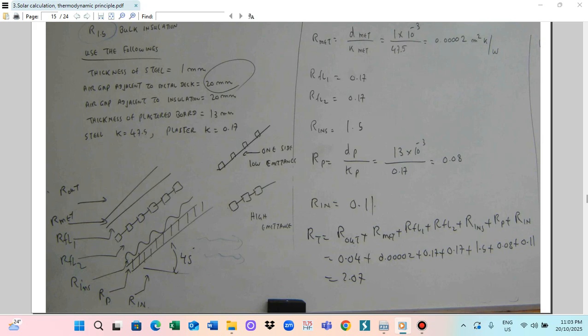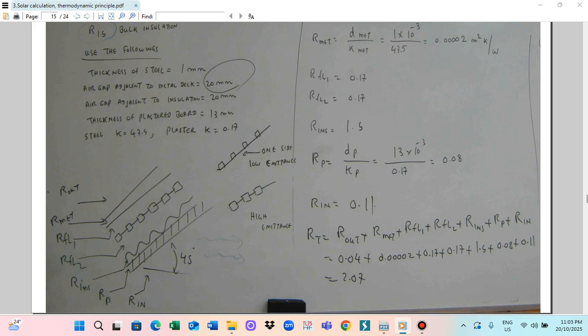Up is 0.17 and down is 0.15. So this is for the 45 degrees, up is 0.17, down is 0.15. Whether we will select the 20 millimeter or 100 millimeter, there are two things.